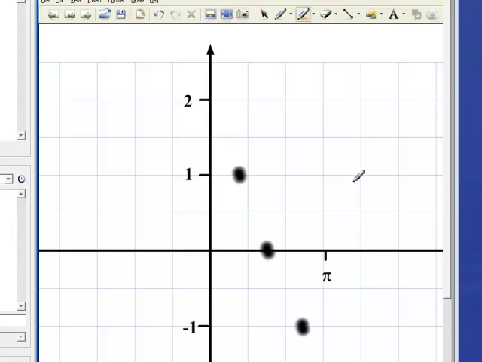So we have 1 at almost 4, that point. 0 at 3 pi over 2, which is approximately here, and at 7 pi over 4 we have negative 1, which is 1.75 times pi, comes out to 5.5, so that's approximately here. And then again, it's undefined at 2 pi.